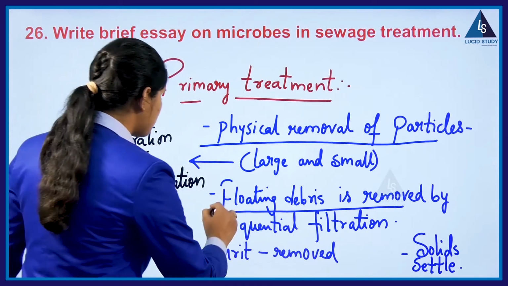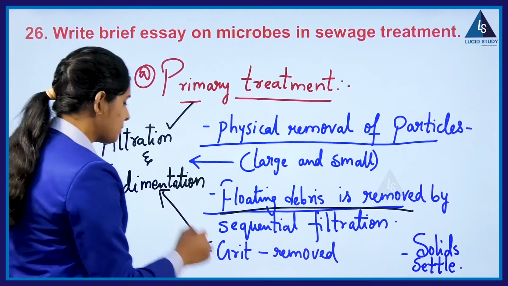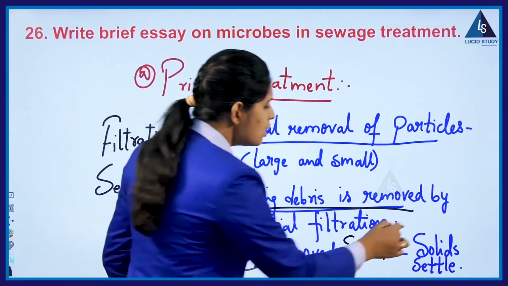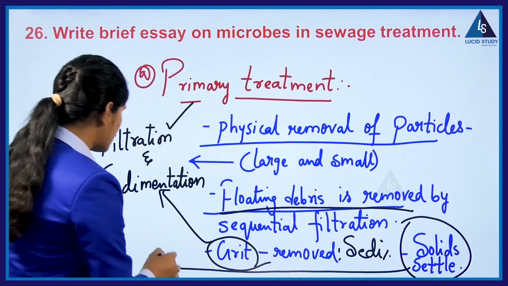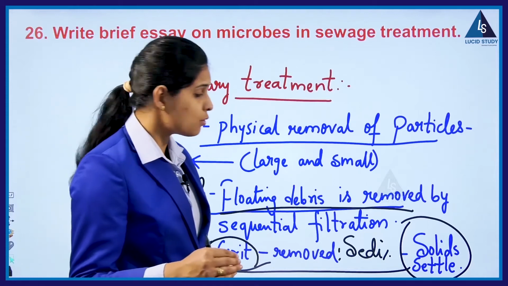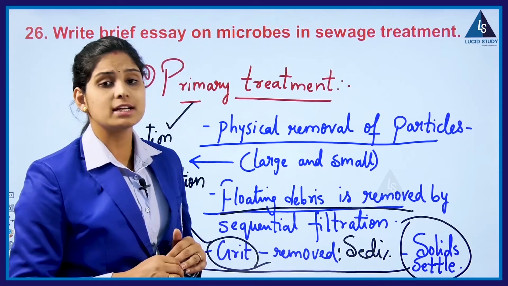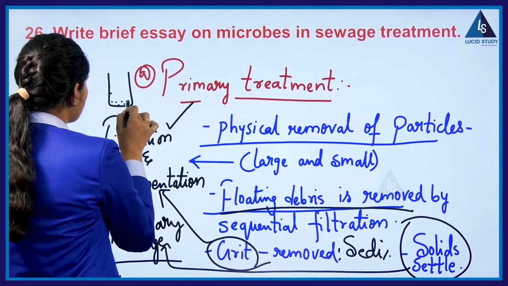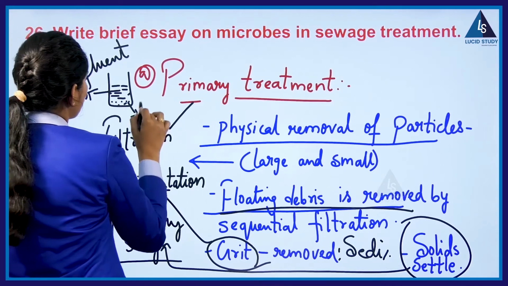Floating debris is removed by sequential filtration, whereas grit is removed by sedimentation. Finally, the solid settles down, which is called the primary sludge. When the solid settles, the supernatant liquid remains, which is called the effluent. In the container, the solid settles at the bottom, and the liquid above is the effluent, while the solid is the primary sludge.